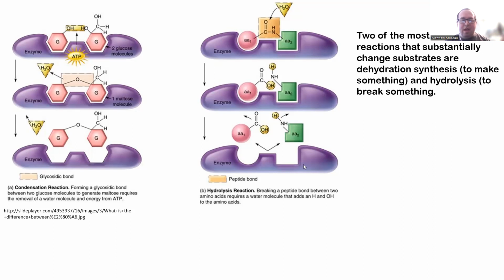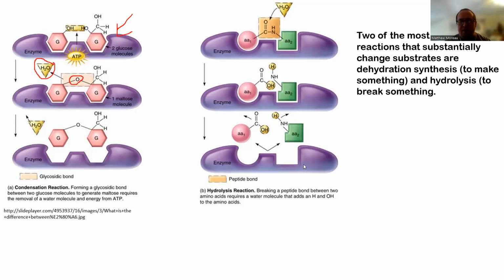So condensation reactions are in effect the way to take two or more substrates, and these are typically anabolic reactions, right? So we're taking two separate substrates, and then we dehydrate, condense water through the function of these enzymes. And by condensing water, we create a new bond.